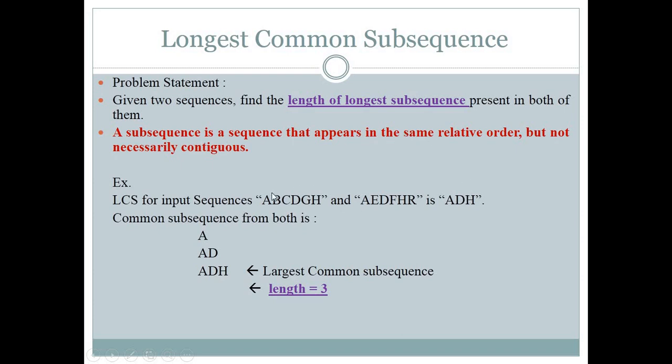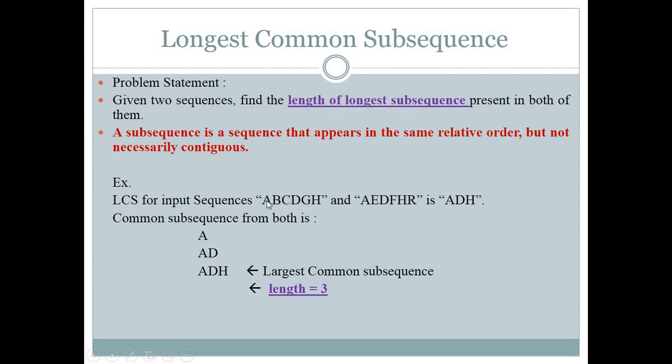How? We will compare the characters of both strings and check whether the characters are matching in both strings or not, and that matching will be only in relative order. It means if we start from the first character, we move through positions 1, 2, 3, 4 up to higher positions.